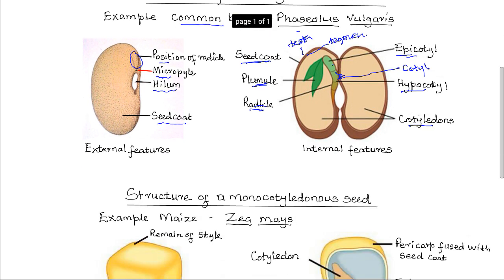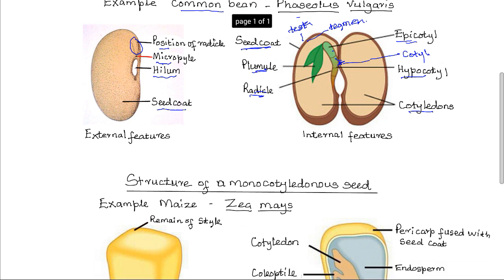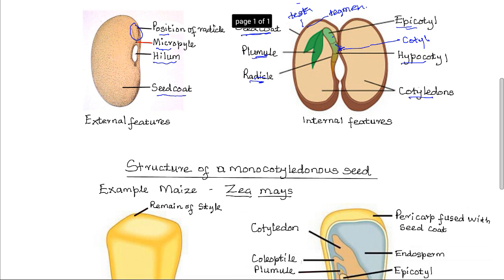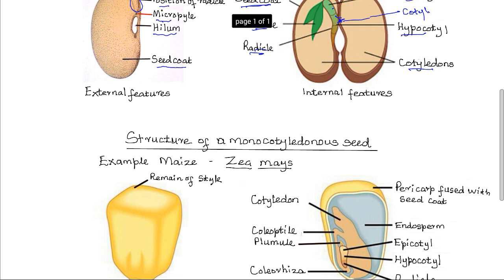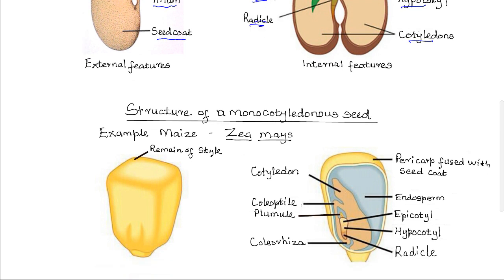Now, on the other hand, a monocotyledonous seed, such as the maize grain, looks like this. So the maize grain is actually a fruit. That's why there's still the remains of the style.